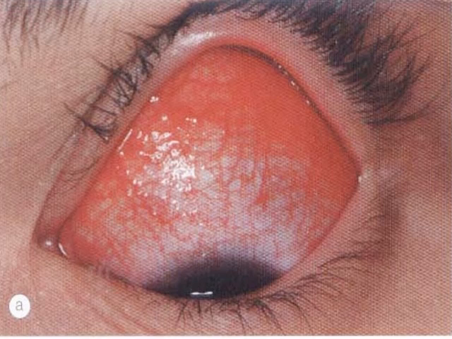What is the sign seen in this slide? This slide shows the conjunctival injection. The injection is mainly towards the fornices and is less towards the limbus. So this is conjunctival injection.